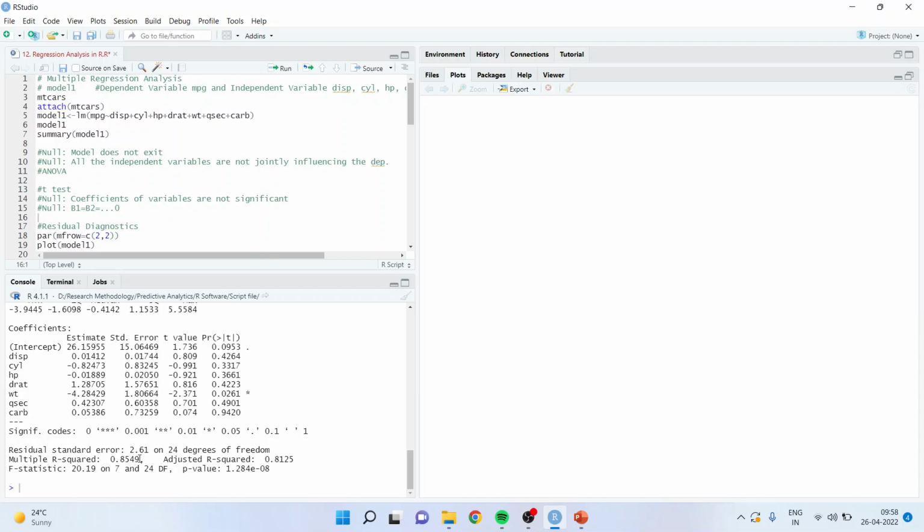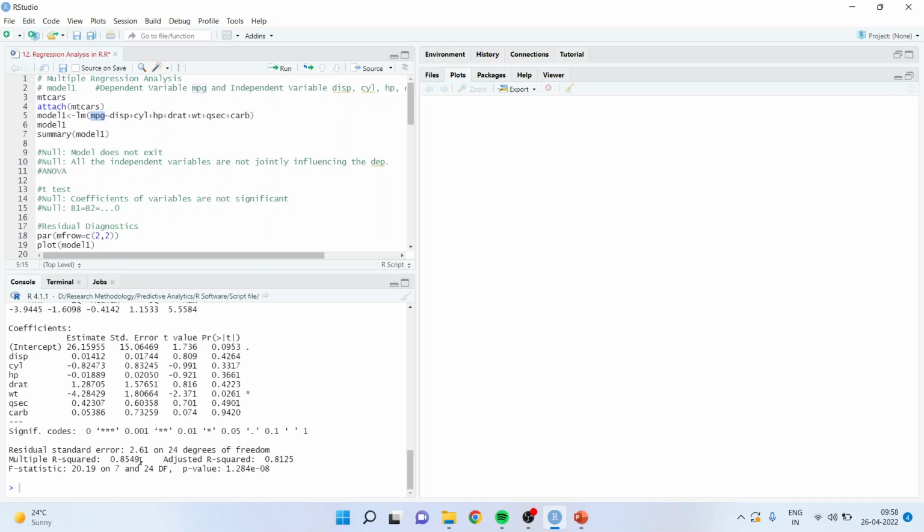What does this mean? It means that all these variables which have been included here are able to explain 85% of the variance in the dependent variable, which is mileage, mpg, right? The higher the coefficient of determination, the better the model.